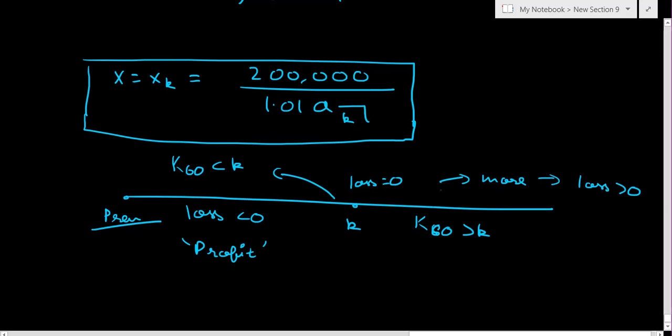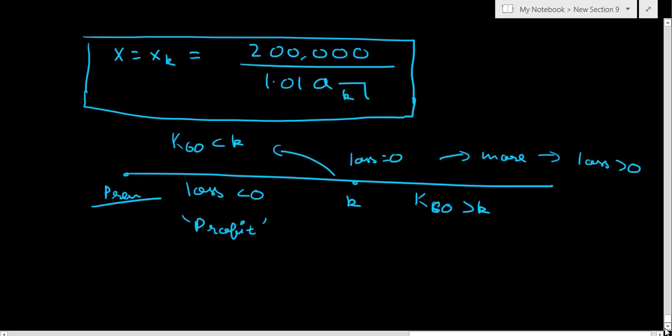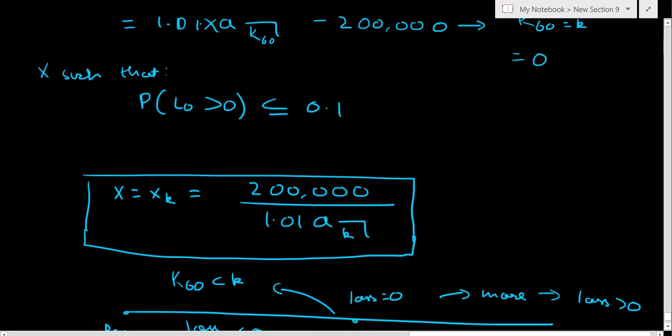If I talk to you in direct language, this just means that the more the person lives, the more would be the amount of loss, right? So the probability of incurring a loss is the same as the probability of the person surviving more than k years. So that's what I'm saying here. We need the probability that L0 is greater than 0, given that X is equal to XK, to be less than or equal to 0.1, right?